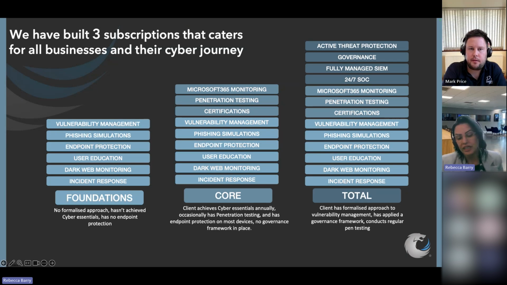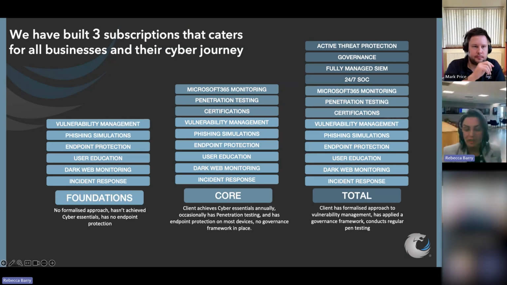We can then provide our core subscription, which would cover institutions that are very cyber aware, with occasional pen testing requirements. You do have a requirement for endpoint protection, and you are looking at a governance framework in the future. And then you have your more mature cyber aware institutions that will have M365 monitoring and pen testing.